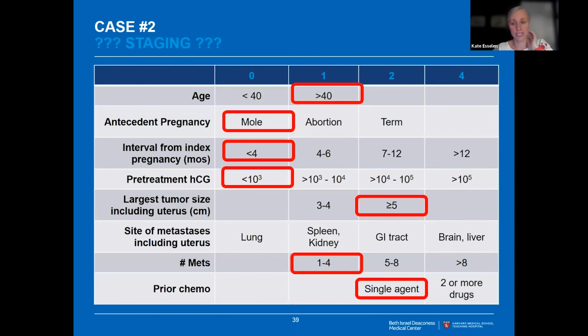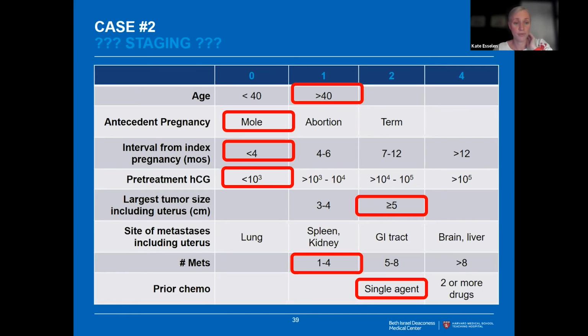This patient is older than 40. She had a prior molar pregnancy, so both partial and complete don't get any points. It was within 4 months, so no points for interval from index pregnancy. Her pre-treatment HCG is only 700, less than 1,000, so no points for that.